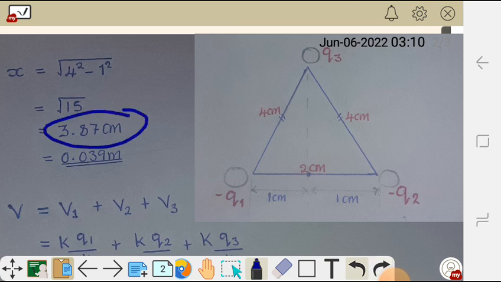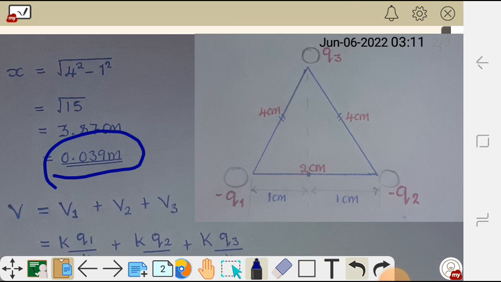Converting this to meters, we divide by 100 and it will be 0.039 meters. That is the distance from Q3 to the point where we are required to find the electric potential.